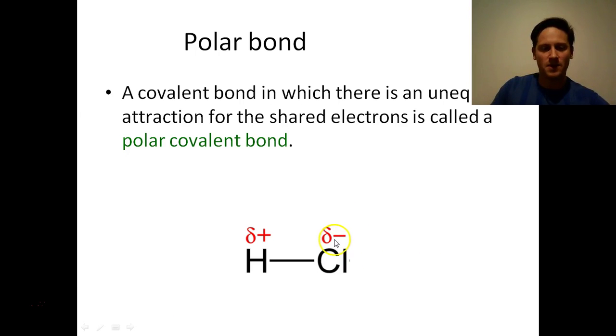And this comes about because the electrons are being shared unevenly. So they're drawn more towards the chlorine atom, which means you get a partial negative charge because electrons are negative. And on the opposite end, we have a partial positive charge on the hydrogen. At this point, I'd like to ask you to pause the video again so you can record this paragraph in your notes.